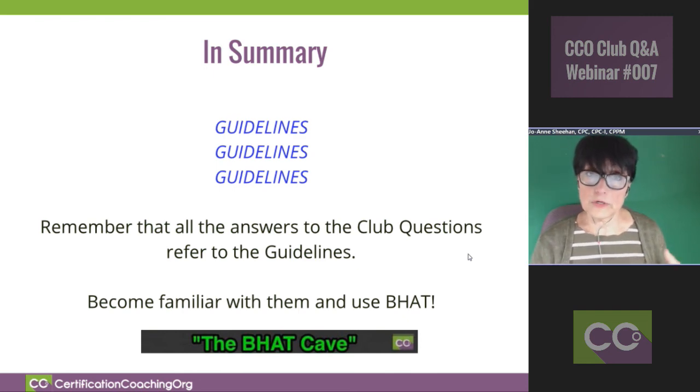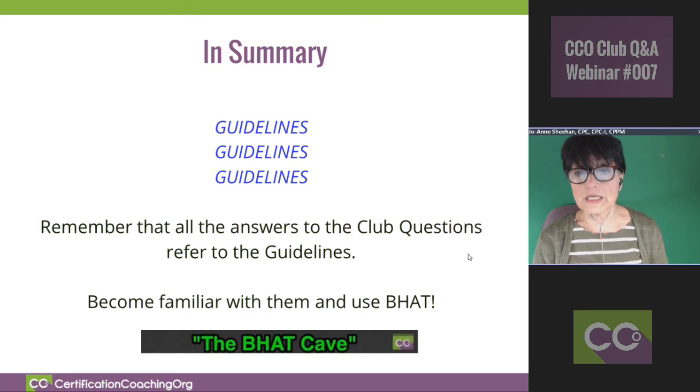Now, obviously, if you're a coder in the real world, you can go online to the websites and find a code and get additional information to help you, especially if you're dealing with denials. But as far as just basic questions and answers for testing or for the exam, just follow the guidelines in the book to get your answer.